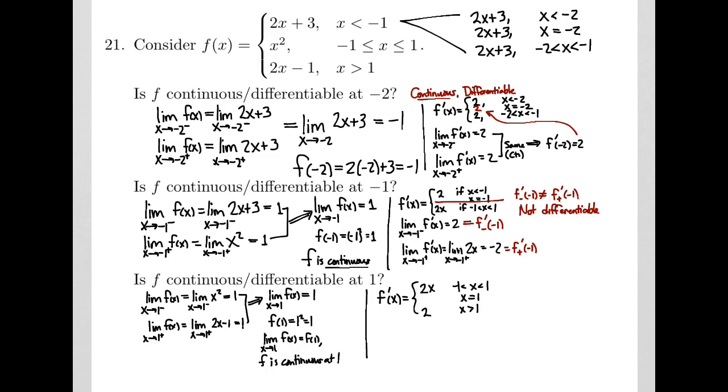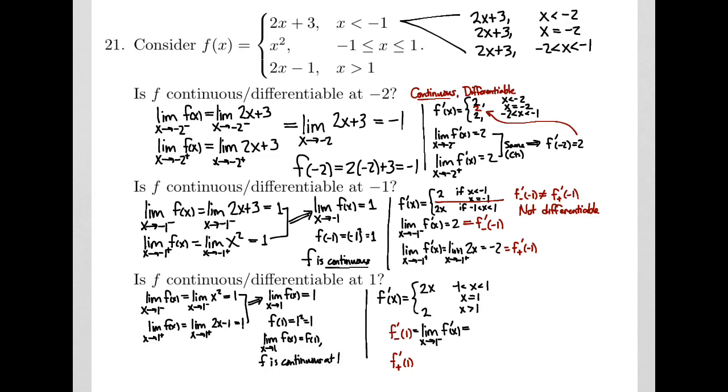When I now calculate the derivative from the left and the derivative from the right, I can use the limit as x approaches 1 from the left of my derivative formula. And this only works when it's continuous, which is our case.